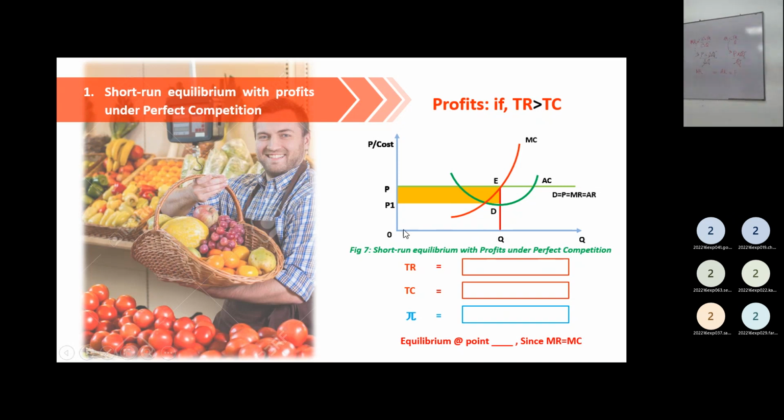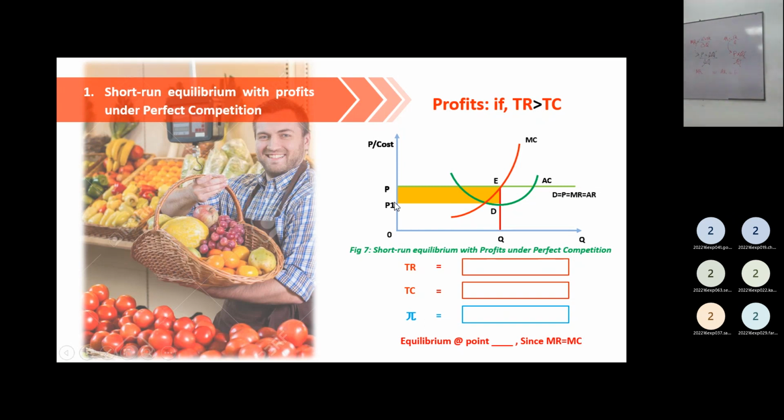Meaning that this entire white color rectangle represents what? Your total cost. Accordingly, you could write here: your total cost equals P1, D, Q, and 0.